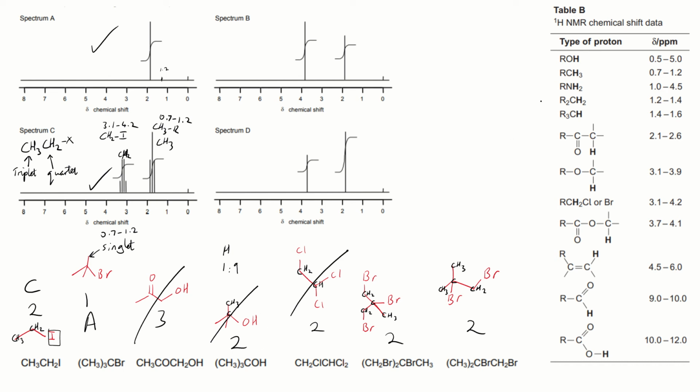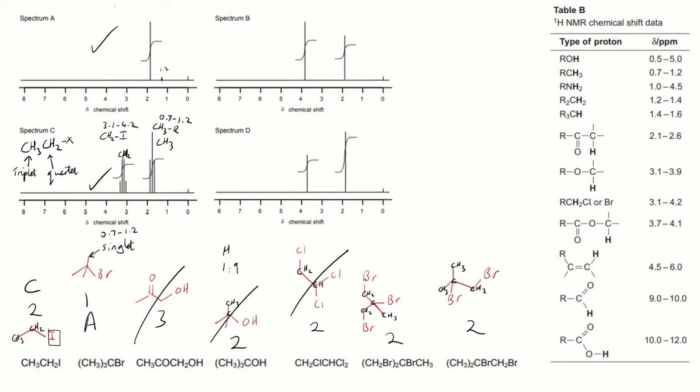I could have checked the chemical shift as well. So the CH3 to the R there, 0.7 to 1.2. Hydrogen between 0.5 and 5, the peak appears more or less anywhere in that range. So with these, to determine which way around they're actually going to go, these bromines look fairly similar.